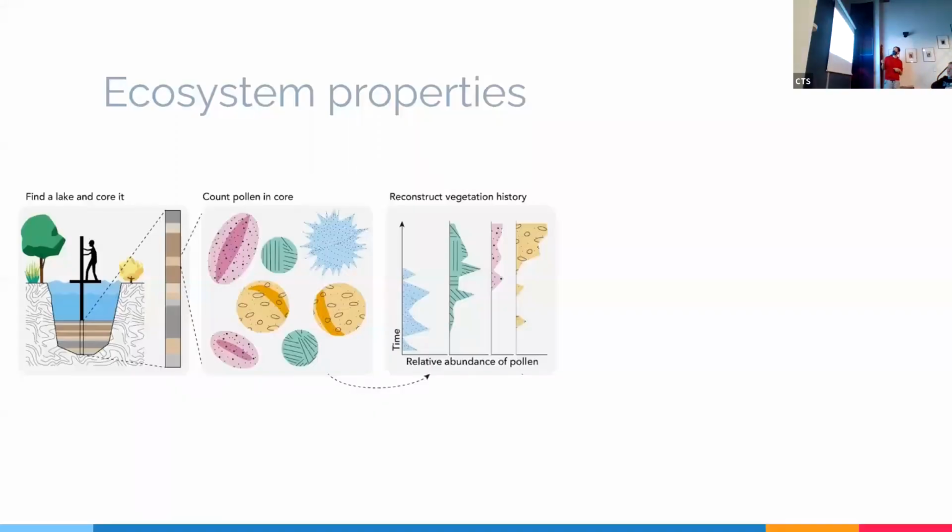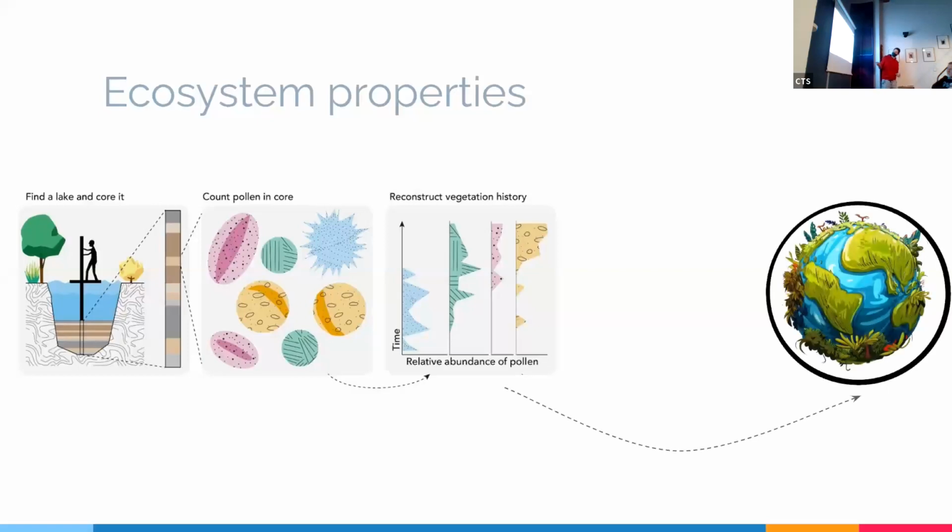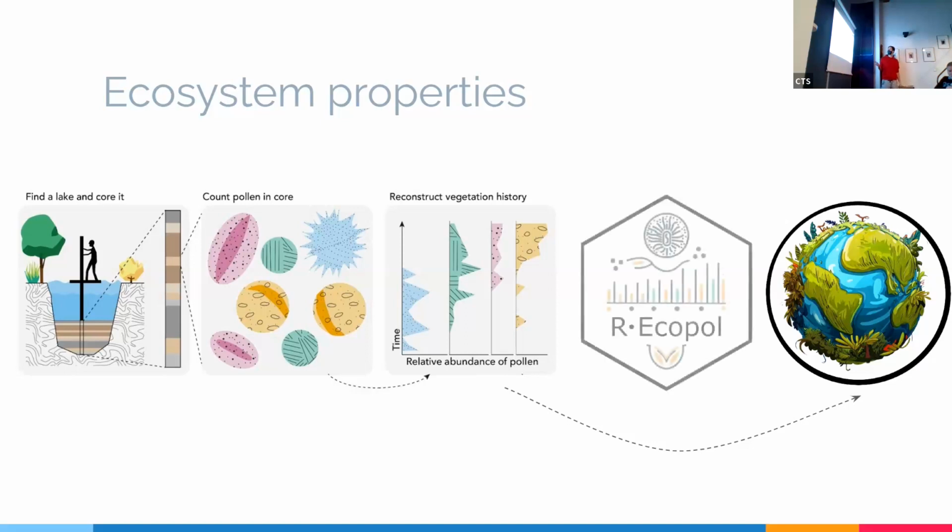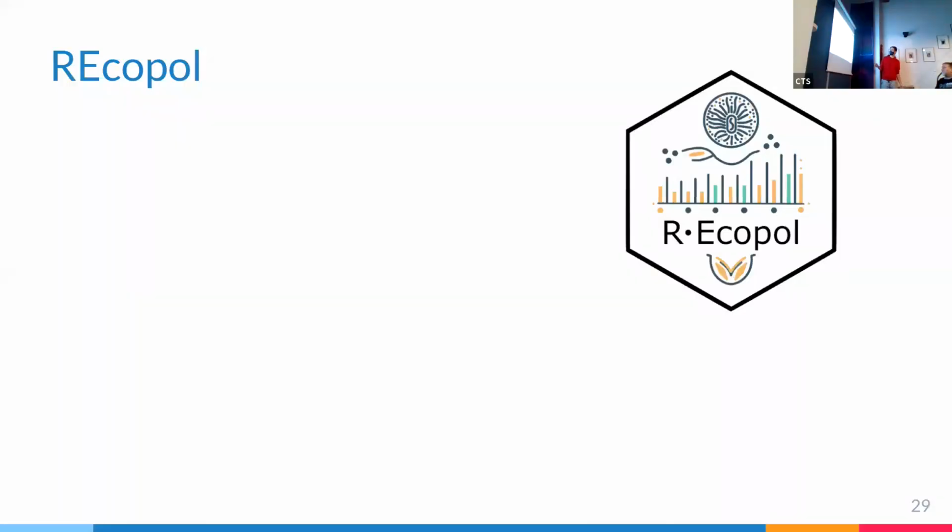Okay. So these ecosystem properties, going back to this figure, you have the lake, you have the pollen, you have the vegetation history, and now we want to say something about the ecosystem. So in order to do so, I created another tool which should help you define statistical variables which are used for describing the state of something. It's called ecopol, or R-Ecopol, it's an R package again.